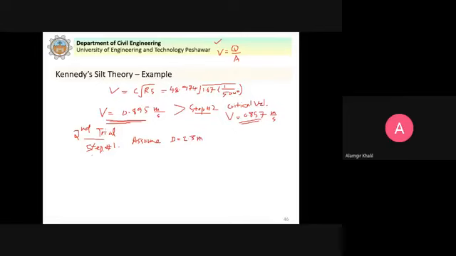Step number 2 is we apply the Kennedy equation and calculate the critical velocity.